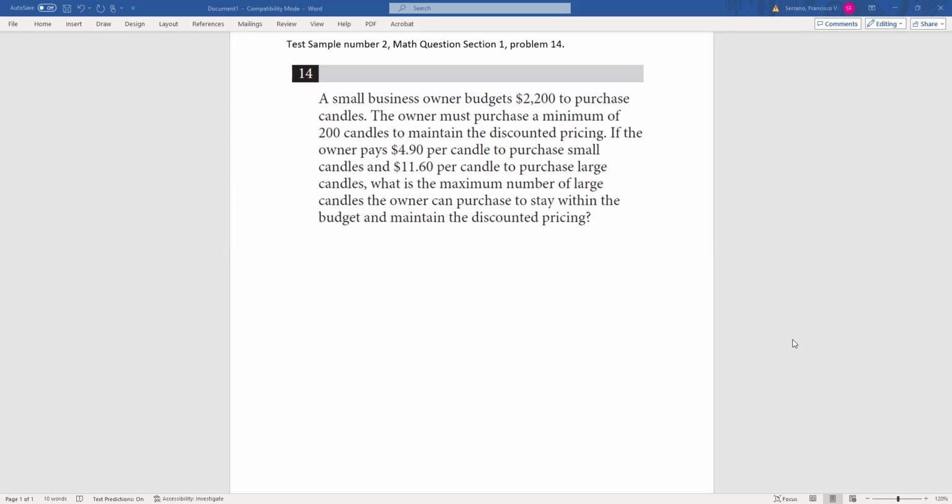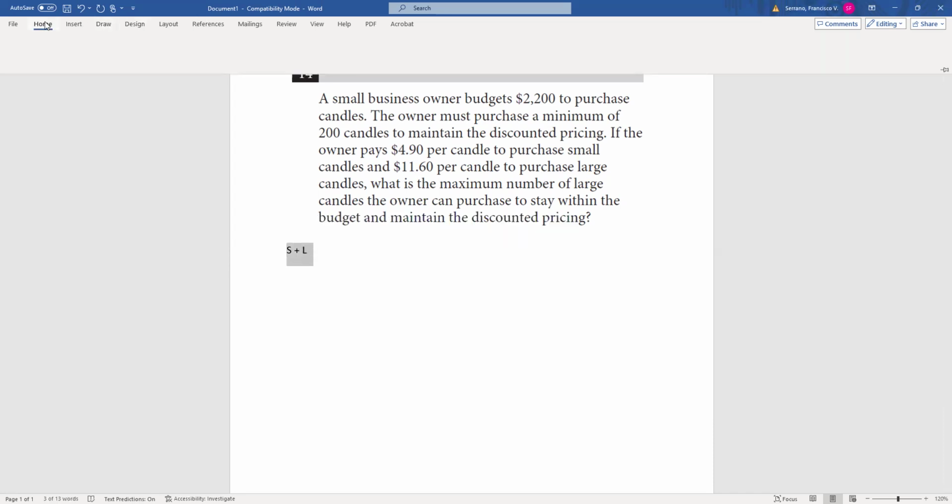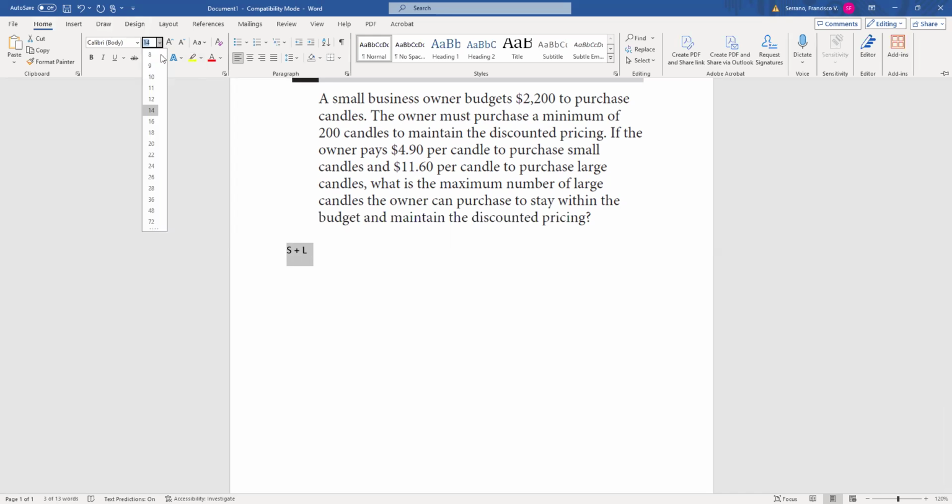So we're going to read the problem and we're going to conclude that the minimum number of candles, both small and large, is going to be equal to S small plus L large. Maybe we can make this a little bigger, like that.